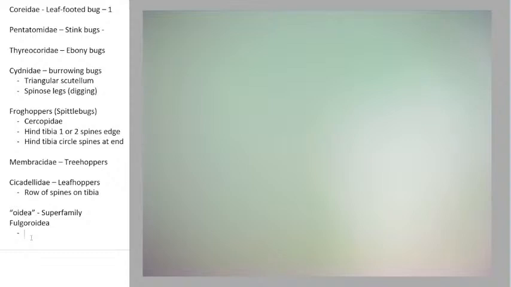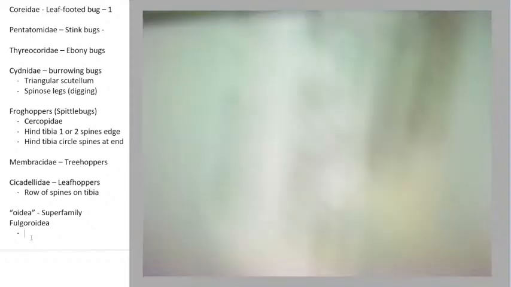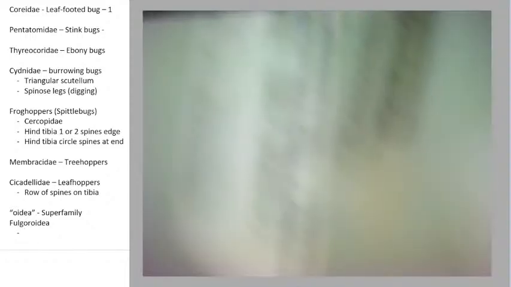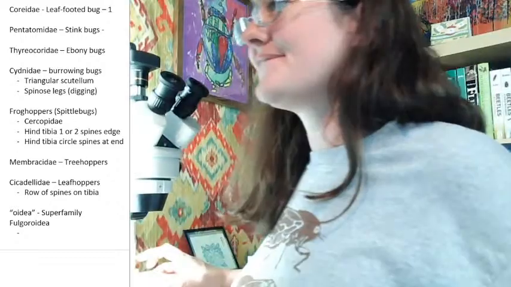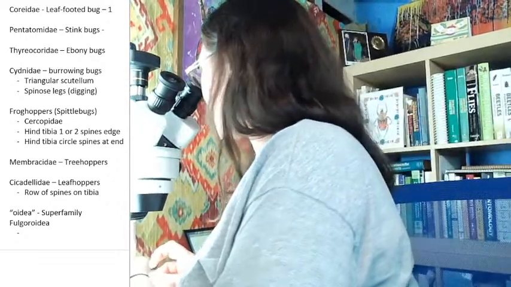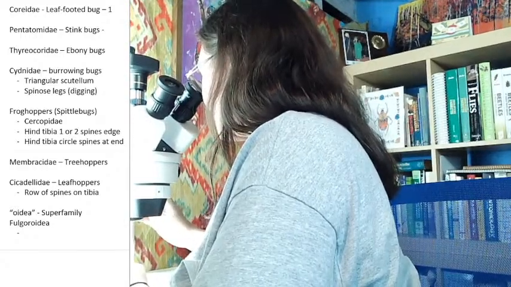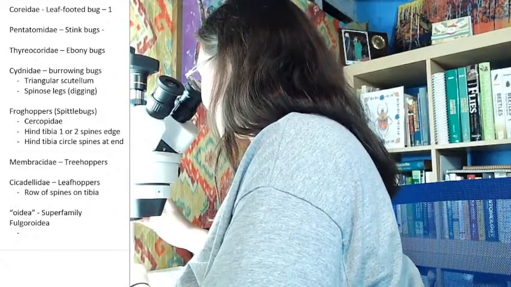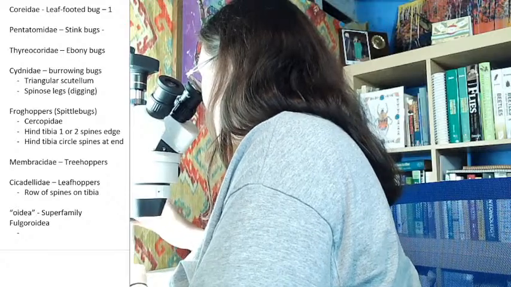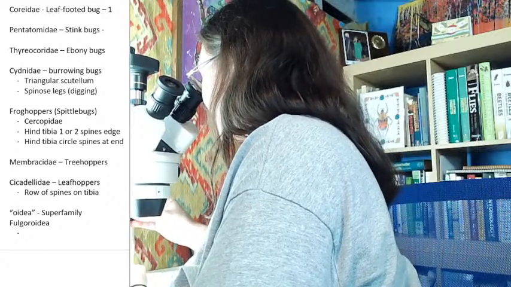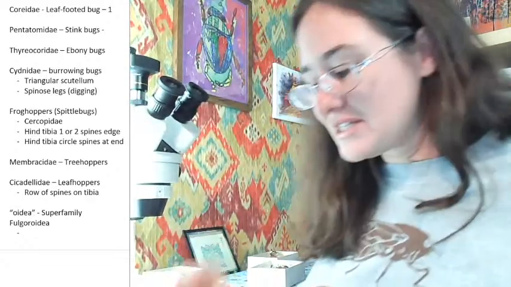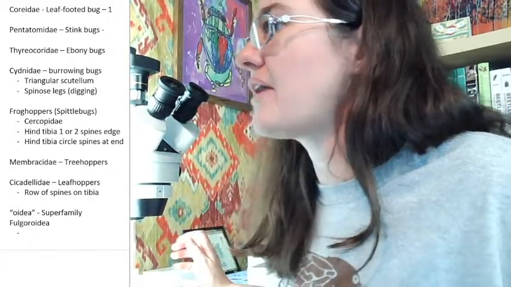Alright, so I'm trying to pick one that we can see the characteristics on. Give me a minute while I find one. What we're going to be looking at with the fulguroids is where the antenna is, where the antenna on the head comes out.